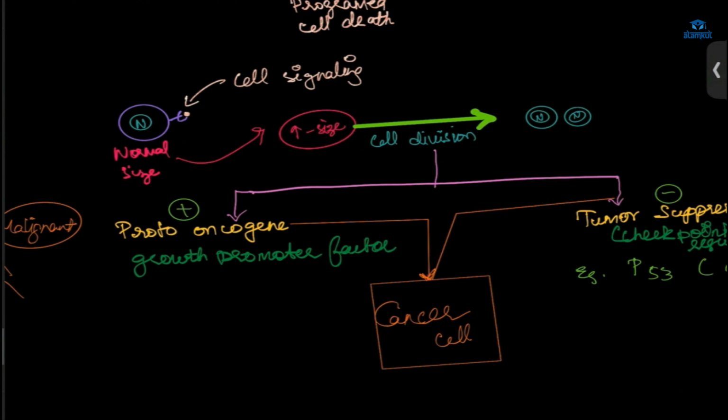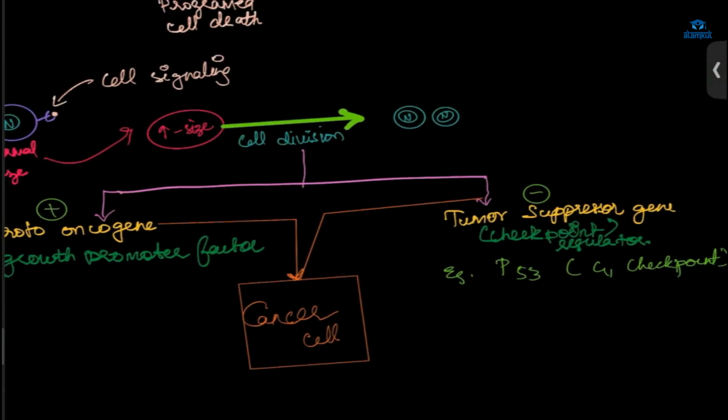So in the cancer cell, if there is some mutation in this proto-oncogene, what will happen? This gene will not stop. It will go on producing more cells. And here the tumor suppressor gene, if there is mutation and no control, what will happen?